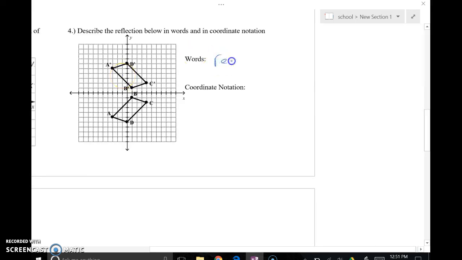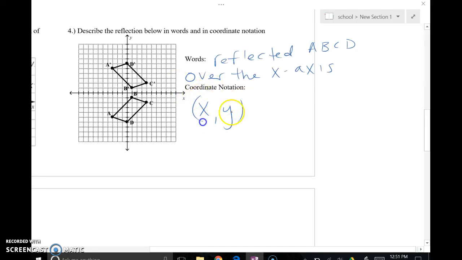So we reflected over the x-axis, and we'll be even more specific and say A, B, C, D over the x-axis. The coordinate notation, when we reflected, we changed all the y values. So we kept the x's, but we did the opposite of the y's.